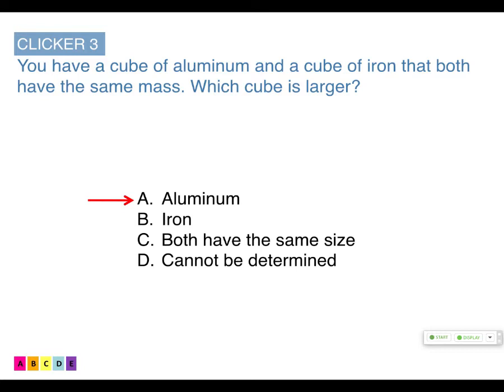If you want something that weighs the same in feathers, you're going to need more or less feathers? More. You're going to need a crap ton of feathers to equal a rock this size. So less dense things, you need more of them to get the same mass. You need a larger volume for the same mass; that's how density works.